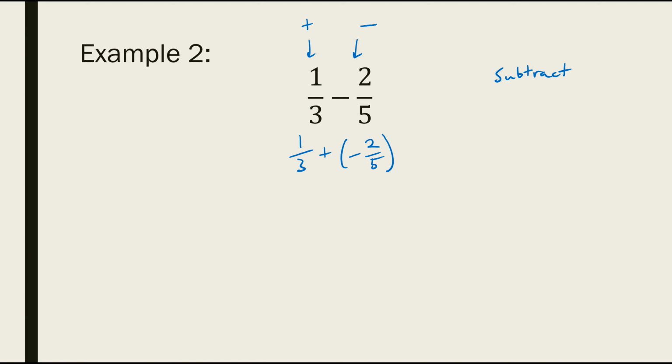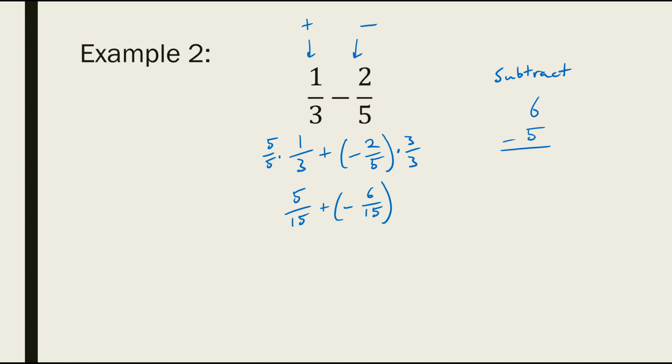Let's see, I think the common denominator will be 15. So I'll multiply this guy by 5 over 5, so 5 over 15. I'll multiply this guy by 3 over 3, so 6 over 15. And I'm going to subtract, again, the numerators. I'm subtracting because I know my piles of positives and negatives are going to cancel.